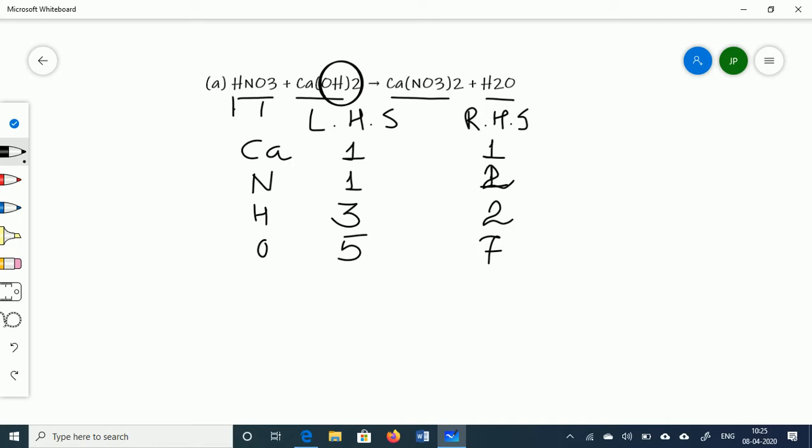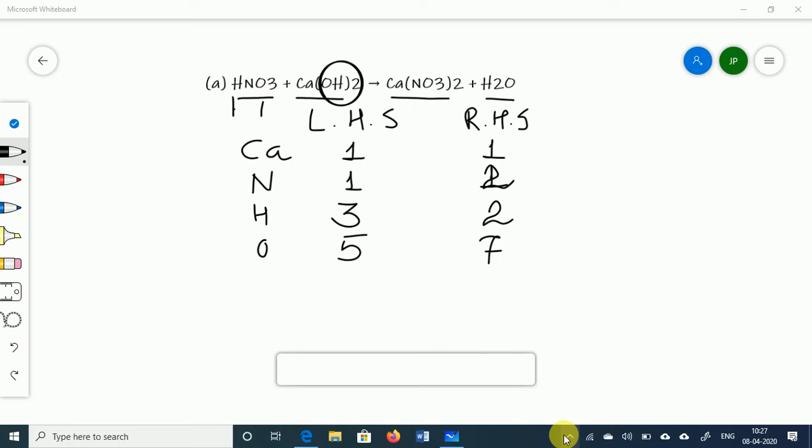So we should multiply some of the chemical components, by which we can make a greater number of oxygen in the LHS. So here we will multiply the HNO3 by 2.